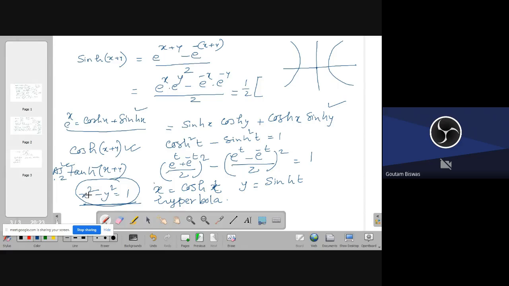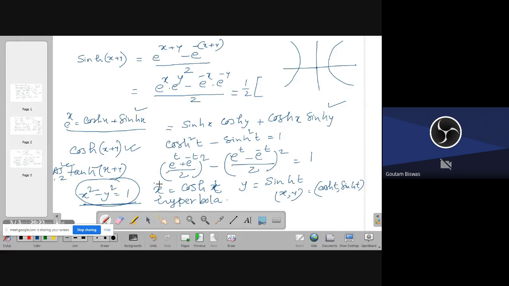So if x is equal to cosh t and y is equal to sinh t, then this x and y lie on a hyperbola. So any point (x, y) equal to (cosh t, sinh t) always lies on a hyperbola, is not it?